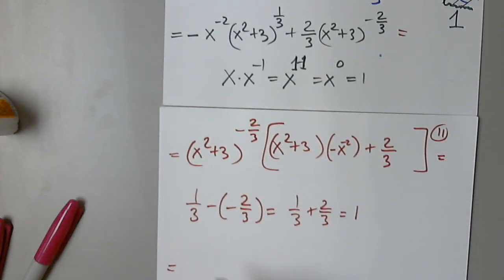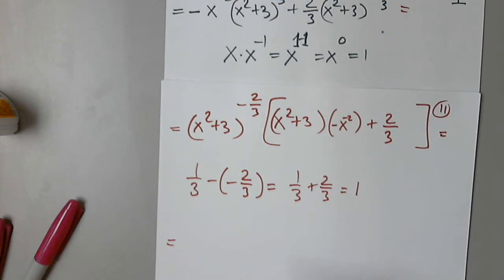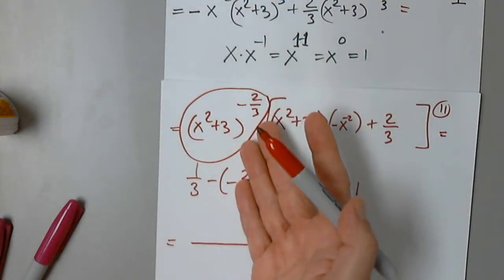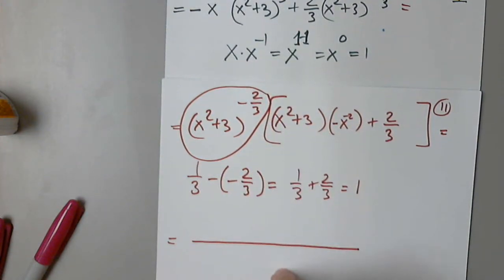Okay, next. I hope you agree that this goes where? Yes, x squared plus 3. And I can go back writing it as a radical. But now let's talk about the numerator.